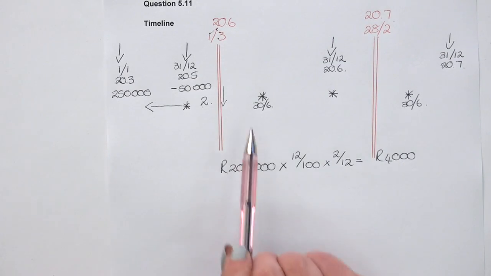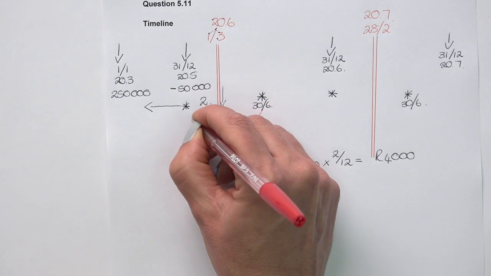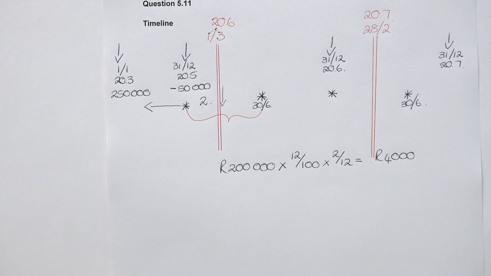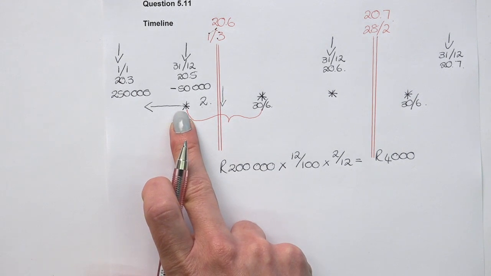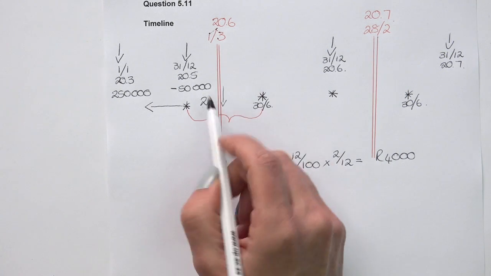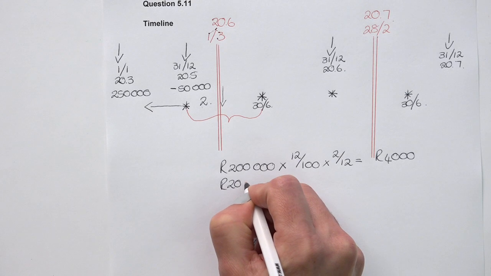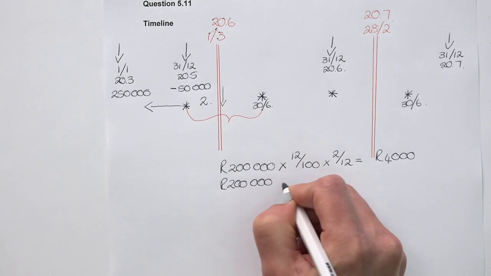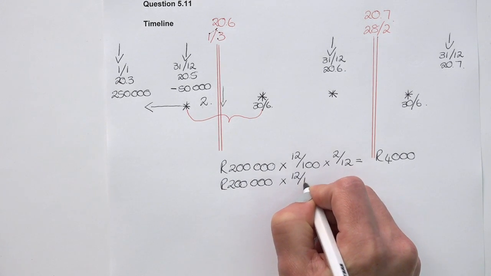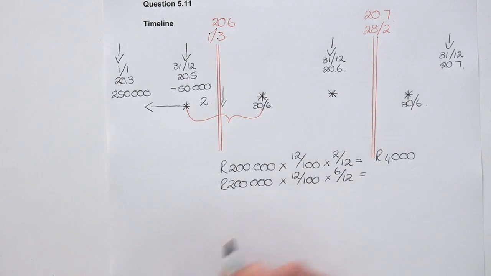So if we get to the 30th of June, we're going to make an interest payment for the previous 6 months until the last interest payment in arrears. So our calculation of this interest payment will again be on the 200,000 Rand at the interest rate for 6 months.